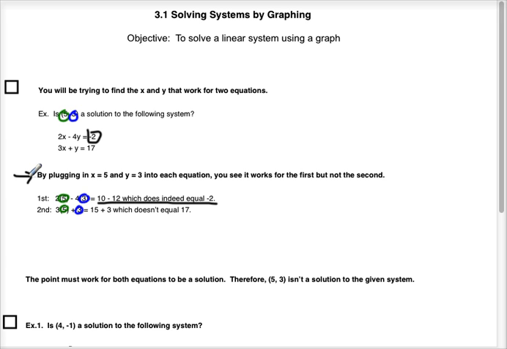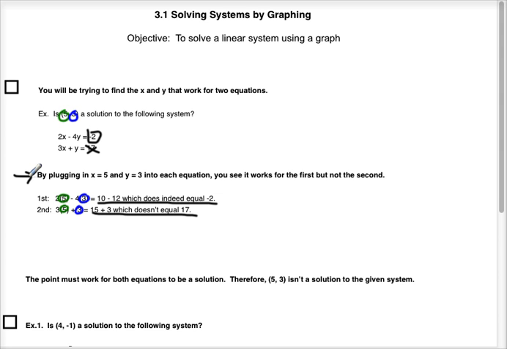However, in the second one, you end up getting something that does not equal the 17. So it worked in the first equation. It didn't work in the second equation. So now you know it's not a solution. It needs to work in both to be a legitimate solution to the system.